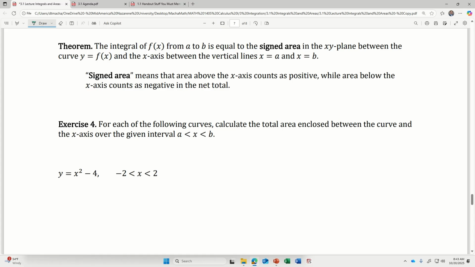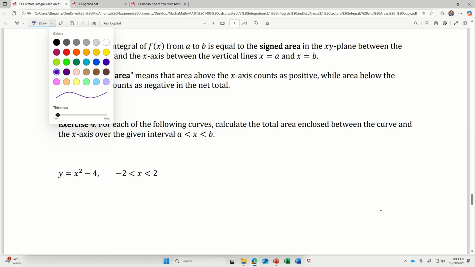Any area above the x-axis counts as positive area, and any area below the x-axis counts as negative area. The integral is not going to tell me the total area; it's going to tell me the net area, positives minus negatives, which is a weird thing that you have to deal with, but that's how the math works.